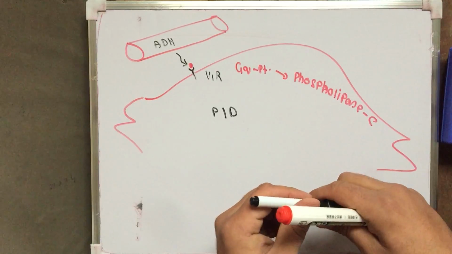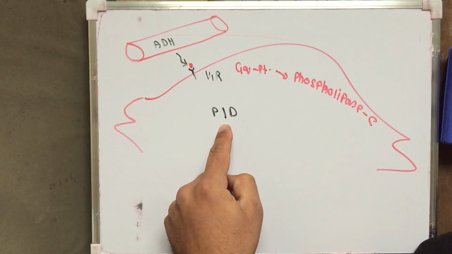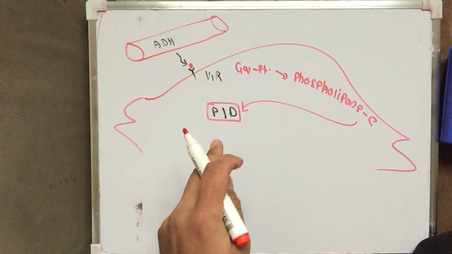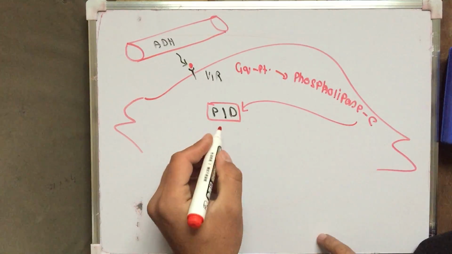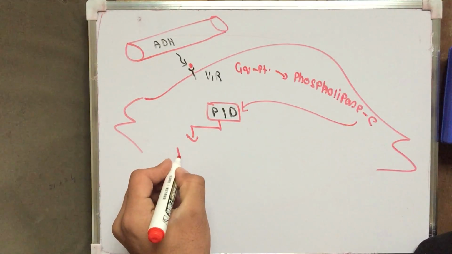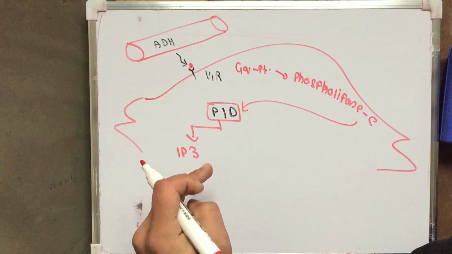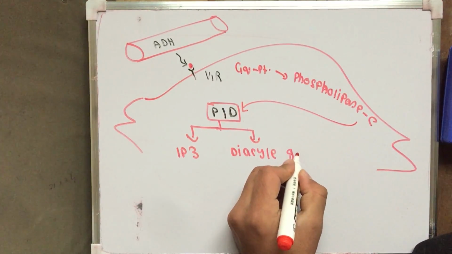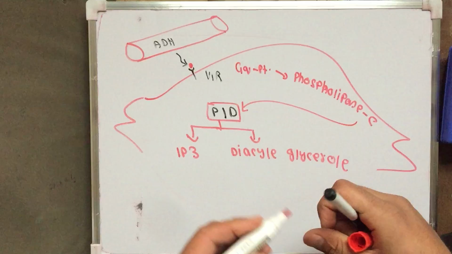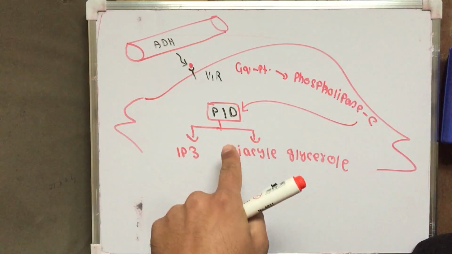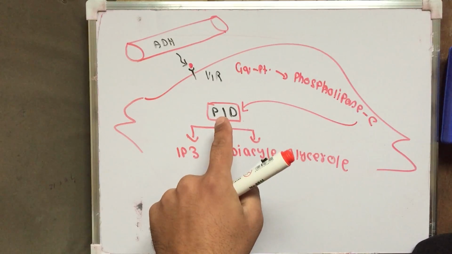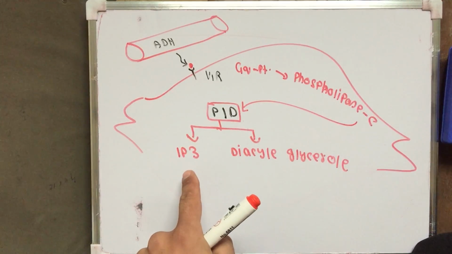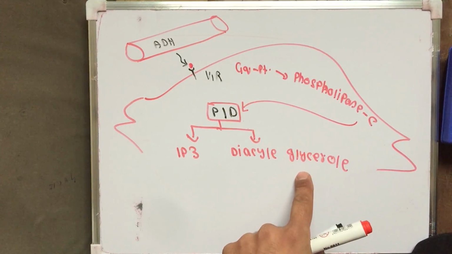This is phosphatidylinositol diphosphate, and phosphatidylinositol diphosphate is converted into IP3 and also diacylglycerol. Okay, we have phosphatidylinositol diphosphate, which is acted upon by phospholipase C, and it is converted into IP3 and diacylglycerol.